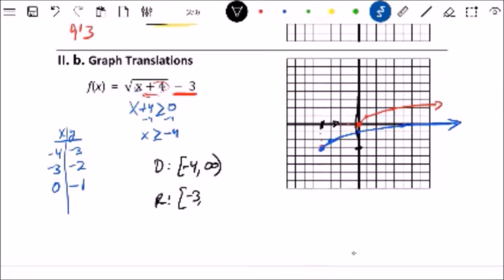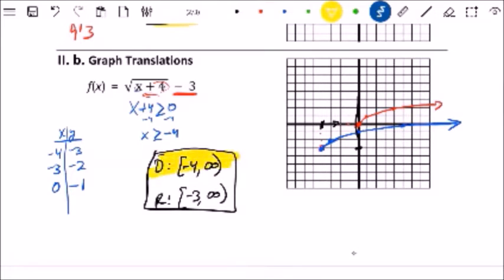So it includes -3 and then goes up to positive infinity. So that's the domain and range, based on the XY table or on moving because of the transformations, moving over 4, moving down 3, we end up with this graph there.